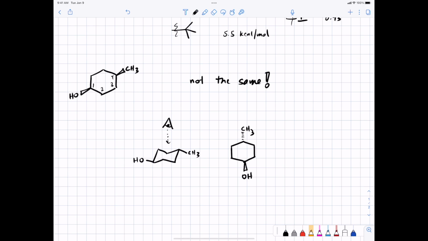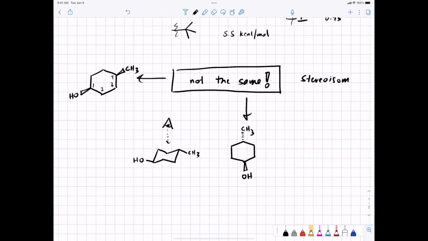A word for molecules that have the same connectivity, same molecular formula, but are not the same is stereoisomers. Stereo referring to 3D. They're different in shape. We could use a number of different words to describe stereoisomers here. These two happen to be diastereomers.